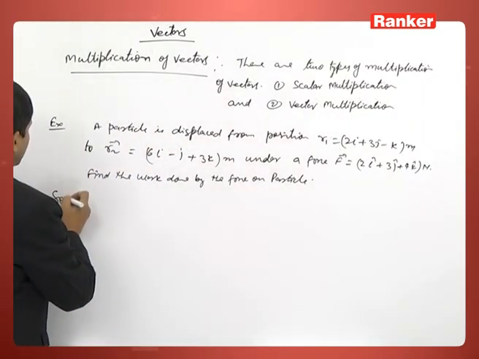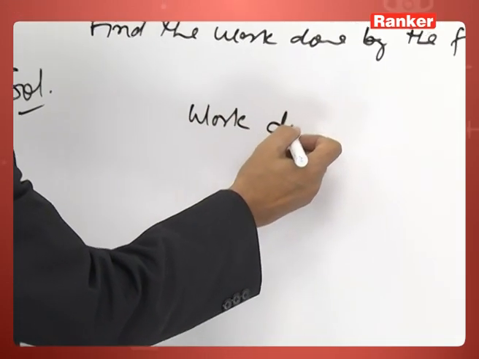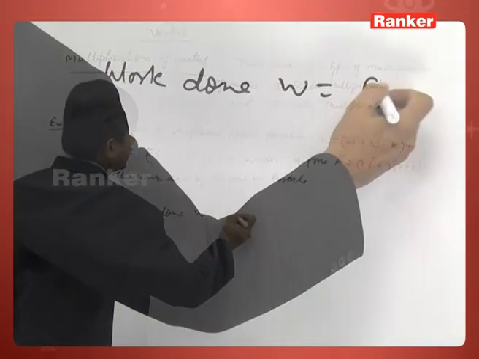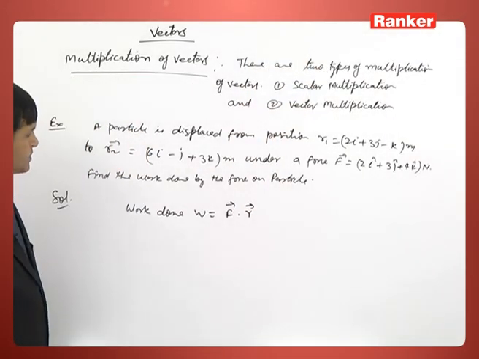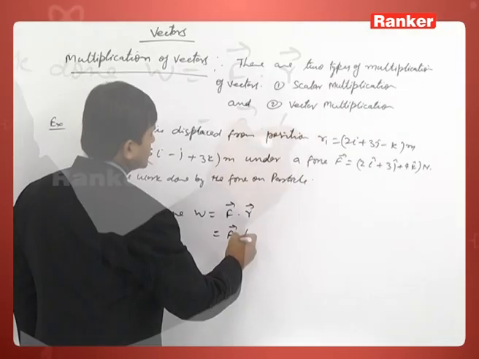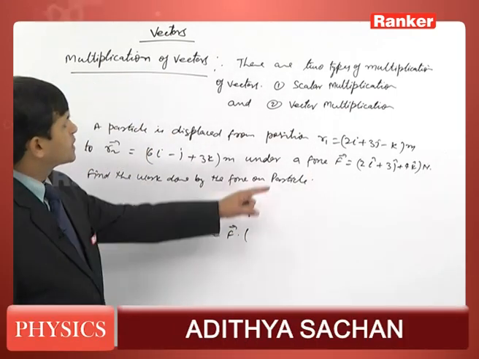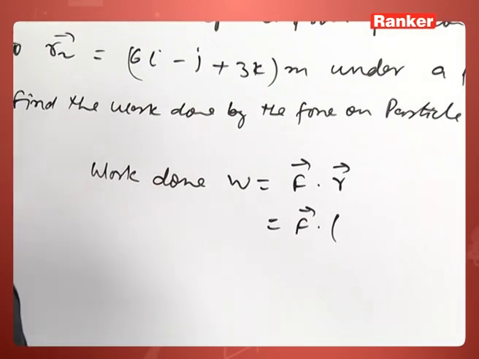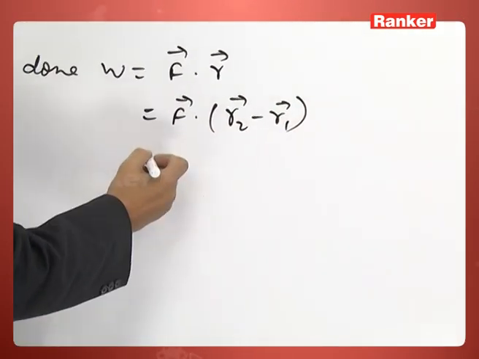Now, see how to solve this one. Work done W is F dot R, force into displacement, where F is the force acting here and R is the displacement. The initial position of the particle was R1, and the final position is R2. So, R is written as R2 minus R1.